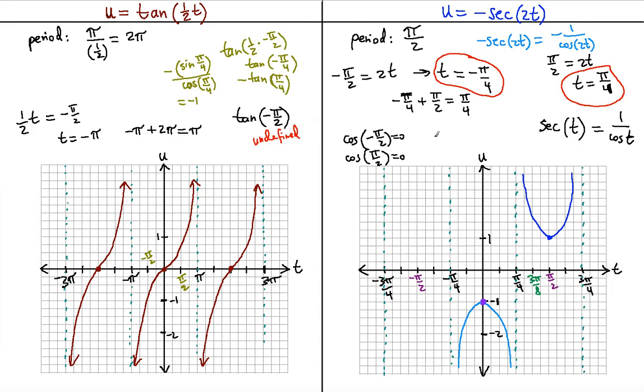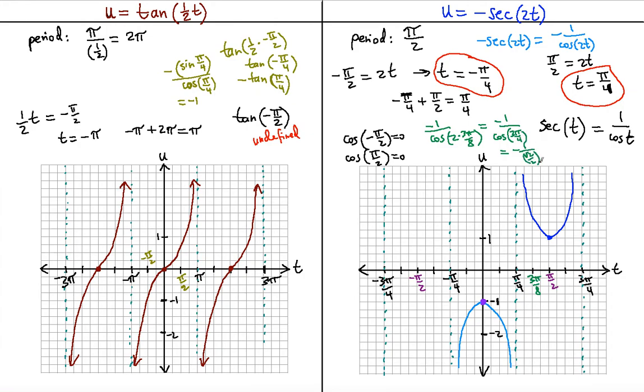Just plug it in for your own practice. Let me write this out. Negative 1 over cosine of 2 times 3 pi over 8. I'm just checking this to let you know that it actually works. Negative 1 over cosine of, this cancels out, this becomes a 4, so 3 pi over 4. That gives me negative 1 over radical 2 over 2. We know that.